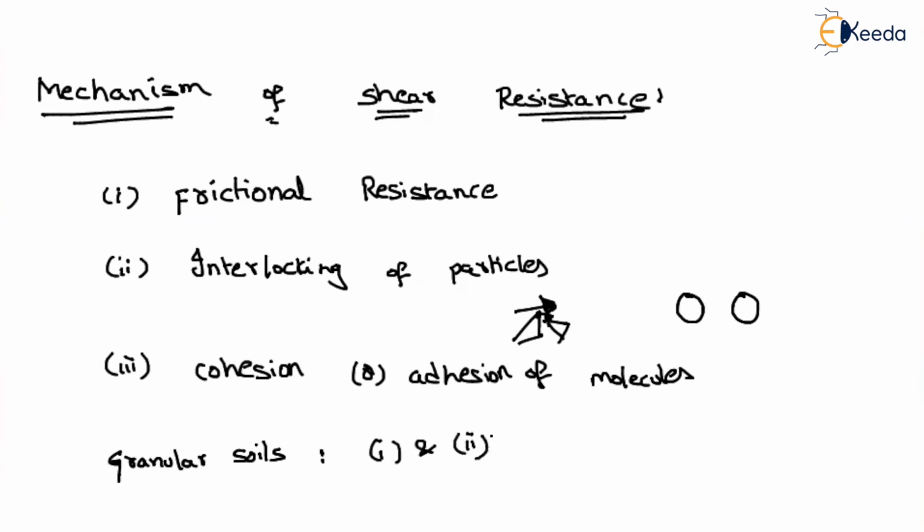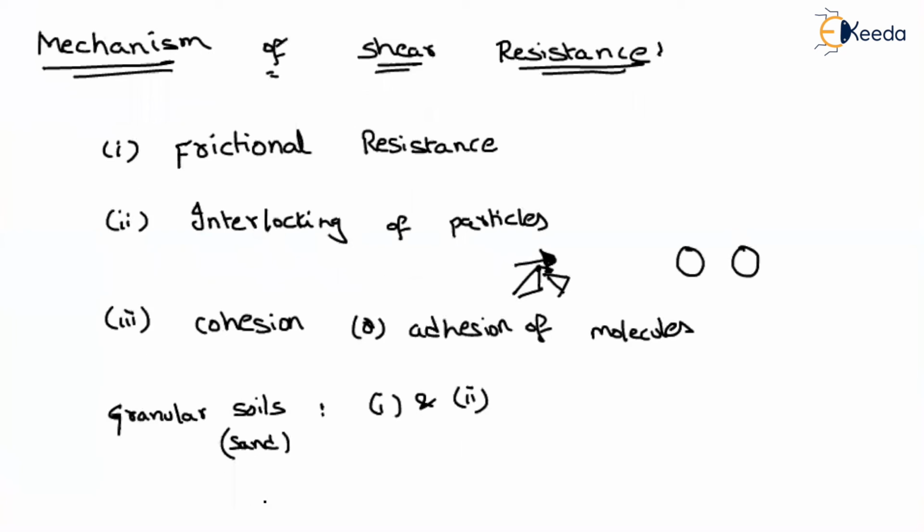That means in granular soil, there will not be any cohesion between the soil particles. That's why, if it is a granular soil like sand, the shear strength will exist only because of the frictional resistance and the interlocking of the particles.